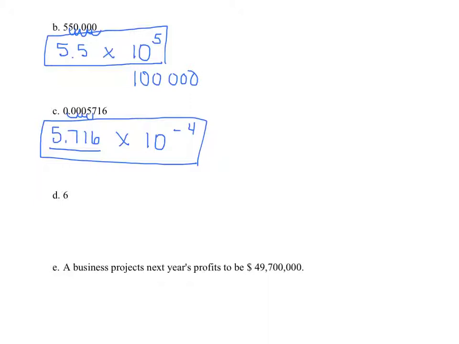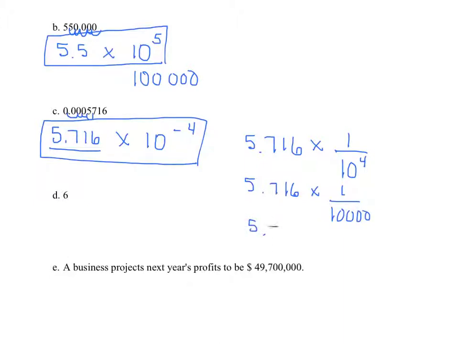Cool? Now you're saying, okay, we learned about negative exponents as reciprocals. How does this work? Well, let's take a look at it. Well, this would be 1 over 10 to the 4th, right? And 10 to the 4th is 1 over 10,000, or 1 10,000ths.